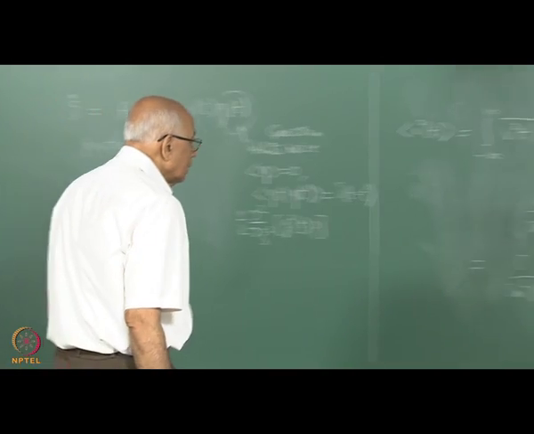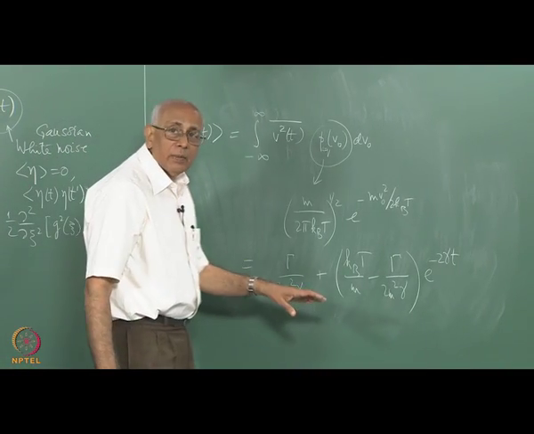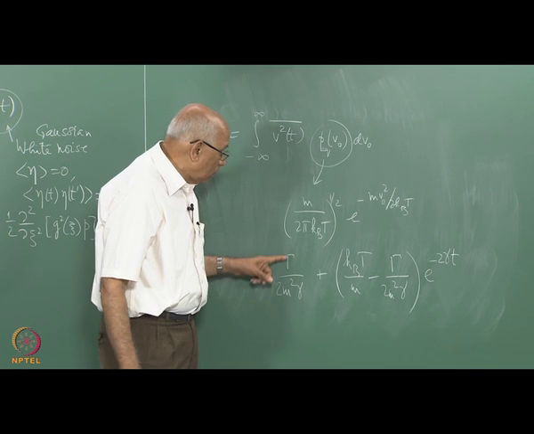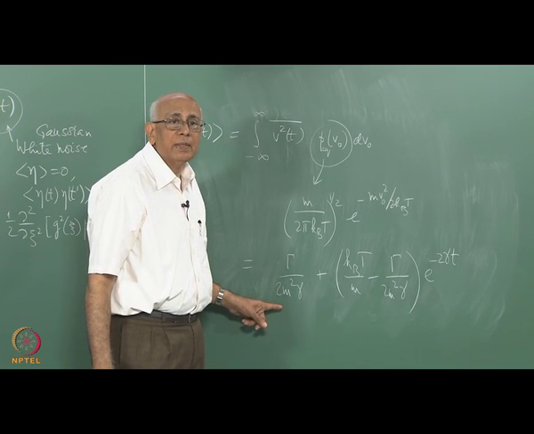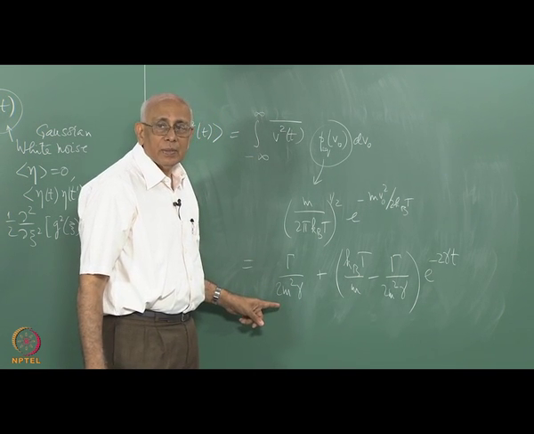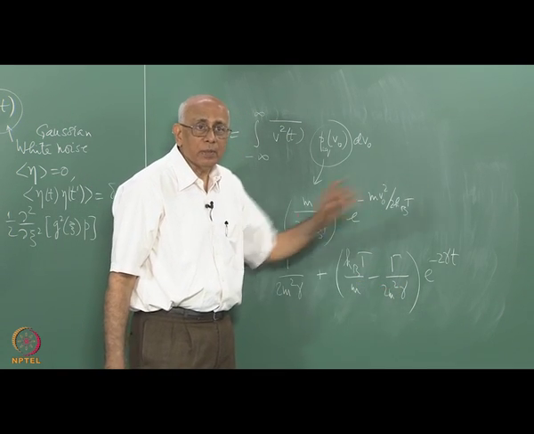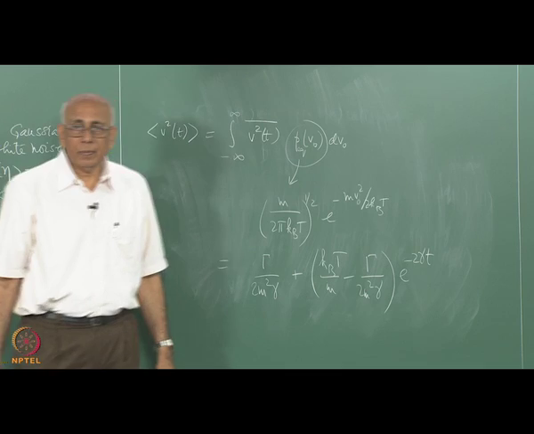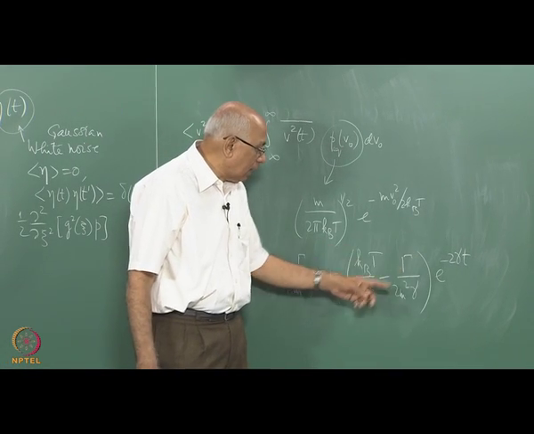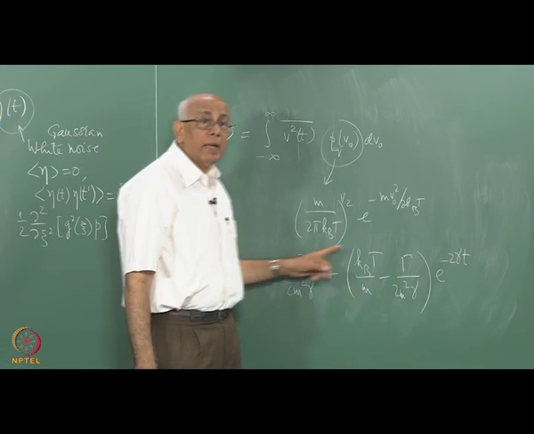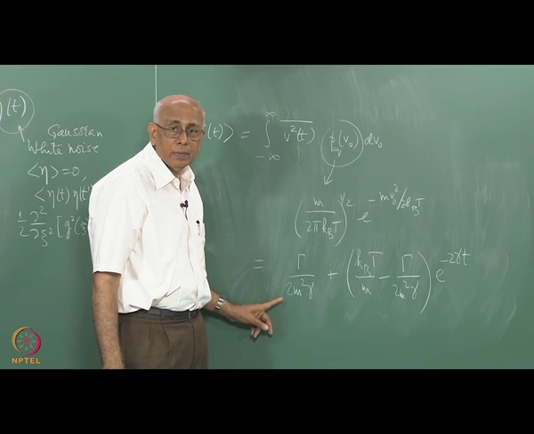Right? And that is completely consistent with the fact that if this goes away, you get exactly kT over m here once again. You need that because if this constant had been different from that constant, you are in trouble. The fact that you insist that this should be equal to that automatically gives the right value here also.